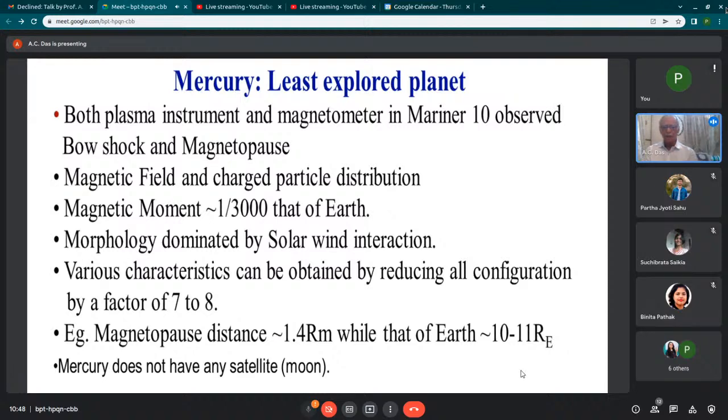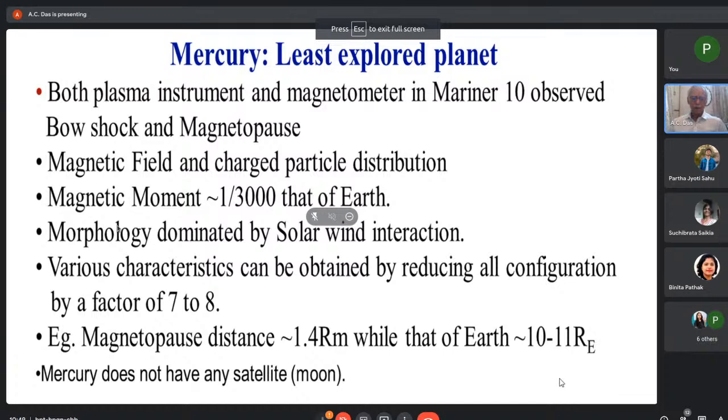Now, for example, magnetopause distance is 1.4 radius of Mercury while that of the Earth is 10 to 11 Earth radii. We can find out the magnetopause distance from the center of the planet by using the formula that we have already obtained for the distance of the magnetopause of the Earth from the center of the Earth. If you have the solar wind velocity and density near Mercury, then you can obtain the magnetopause distance, and that would be around 1.4 radius of Mercury.